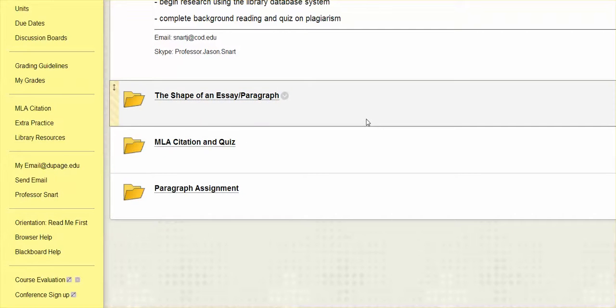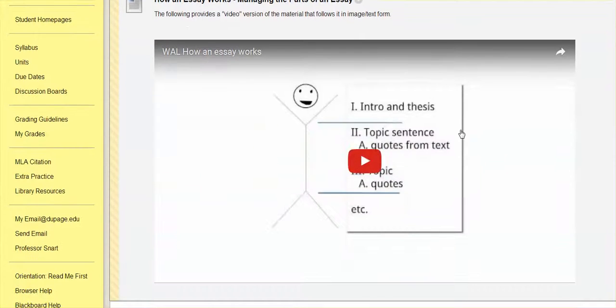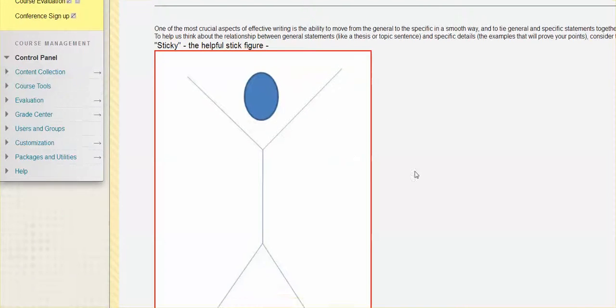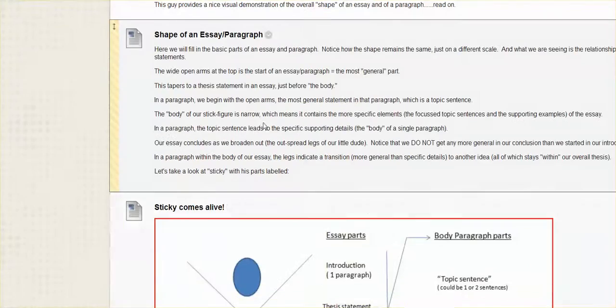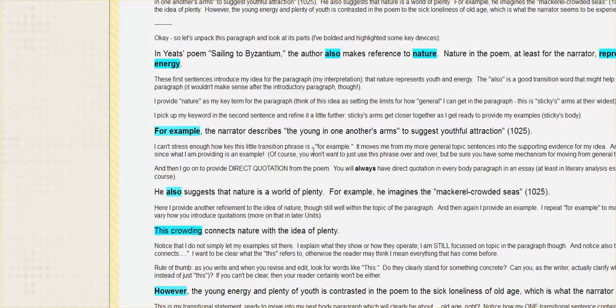The shape of an essay or shape of a paragraph idea is presented in a number of different formats here through the video: a more static thing with just the same visual, a longer explanation, and examples of how this might look in an actual paragraph, very much of the style that will show up in the essays we write for our class.